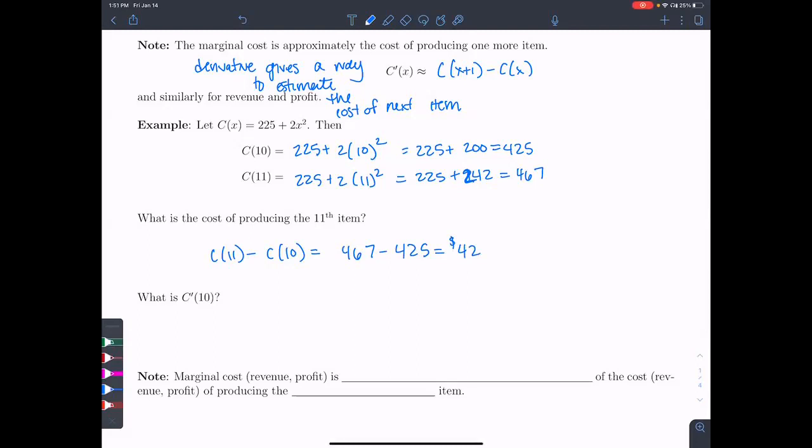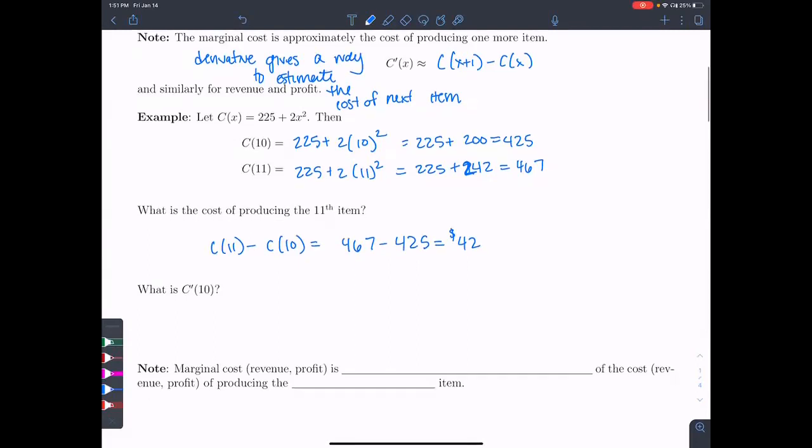Now, what we just wrote down says that C prime of 10 should approximate that. So let's check that. What is C prime of X? Here's our function again. The derivative of this would be 0 plus 2 times the exponent down front, decrease it by 1. So that is 4x. So C prime of 10 is going to be 4 times 10, which is 40.